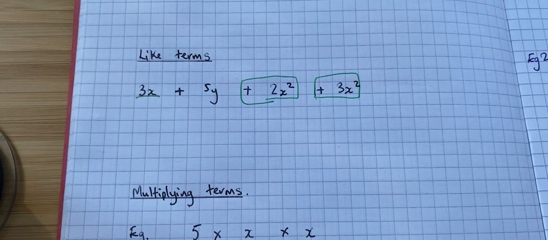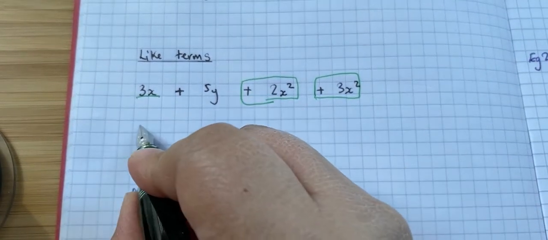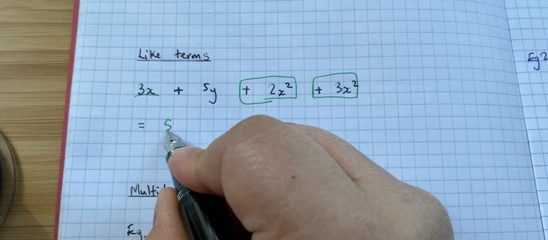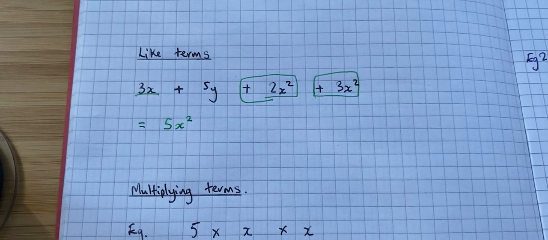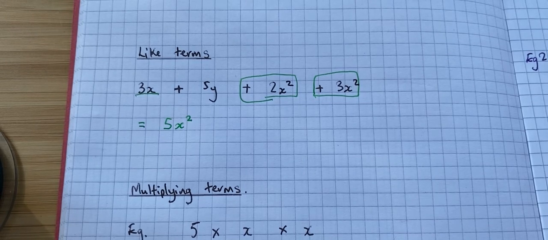They are like terms, so they can add together and I would get 5x squared. The x squared and the x squared do not add together to give you x to the power of 4. It just means I have 2x squared. It's like saying I have 2 apples plus 3 apples, so I have 5 apples altogether. But just instead of the word apple, I've got x squared.